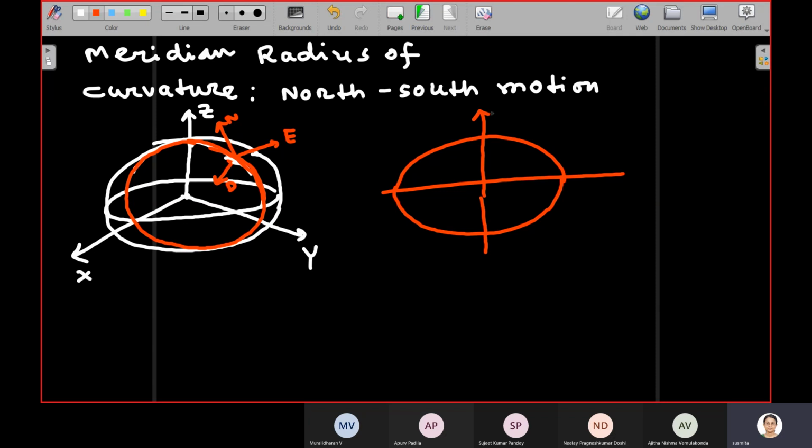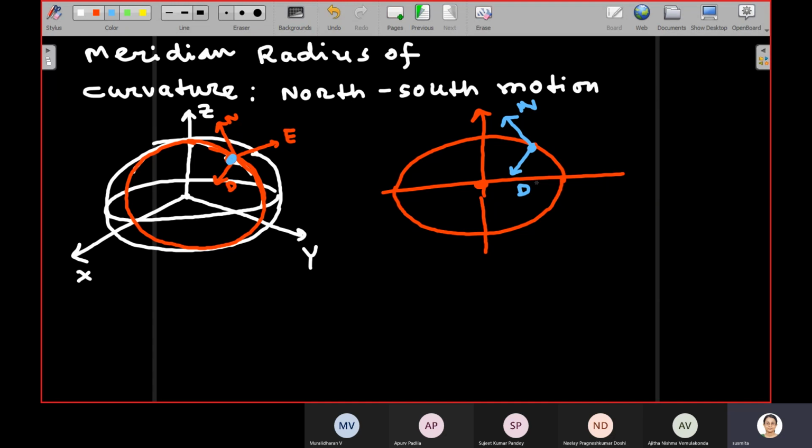See, if we take a vertical cross section of the ellipsoid, it will always contain the earth spin axis and the center of the ellipsoid, correct? And then you just take this point here. This is north, correct? And this is down. So this cross section of the ellipsoid contains the north and down axis. That's why we say that this is the cross section of the ellipsoid in the north-down plane.